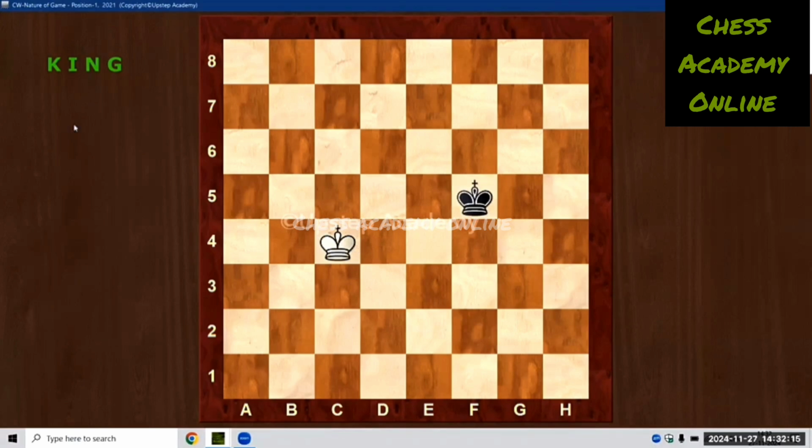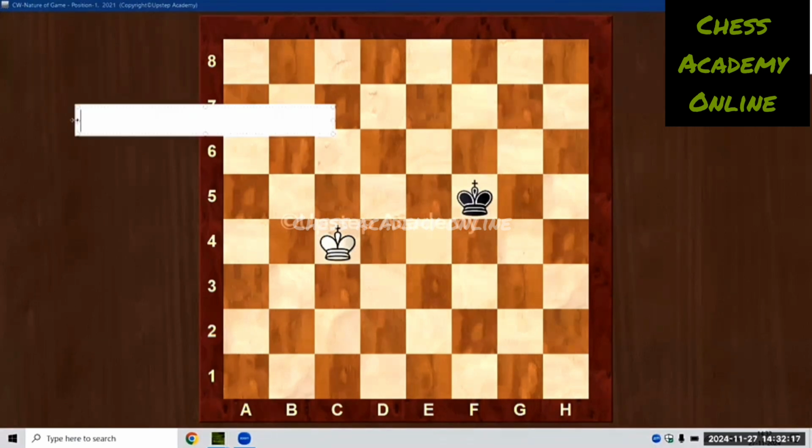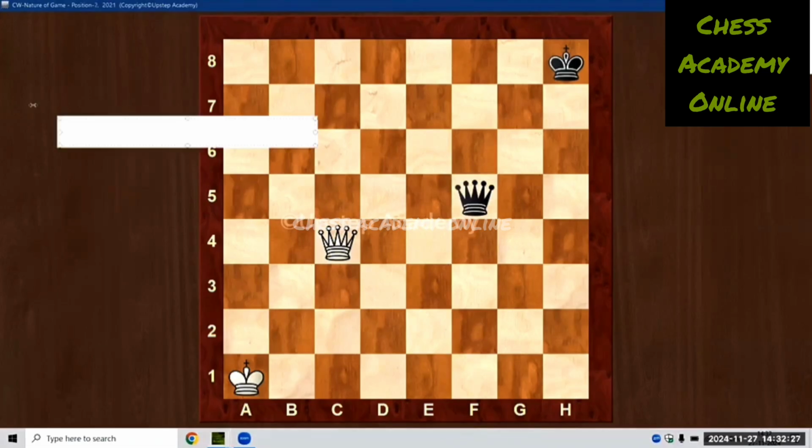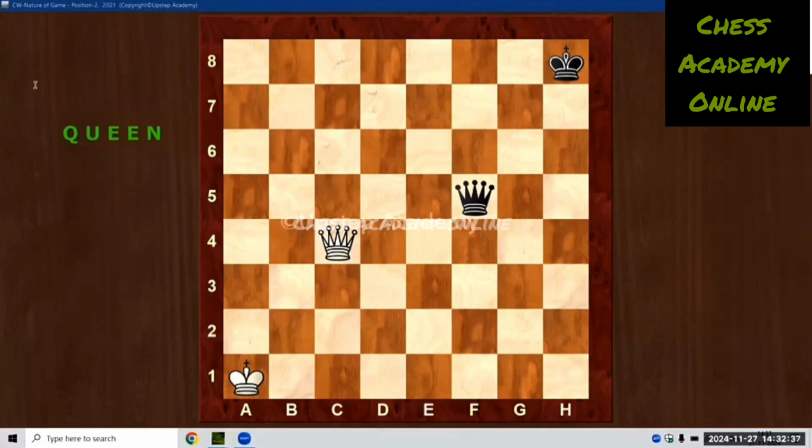After the king, we will meet the next chess piece, which looks like a crown. As we can see, this one, which looks like a crown, is called the queen. The white queen and the black queen, as we can see in the middle of the board. And the kings are placed next to them.